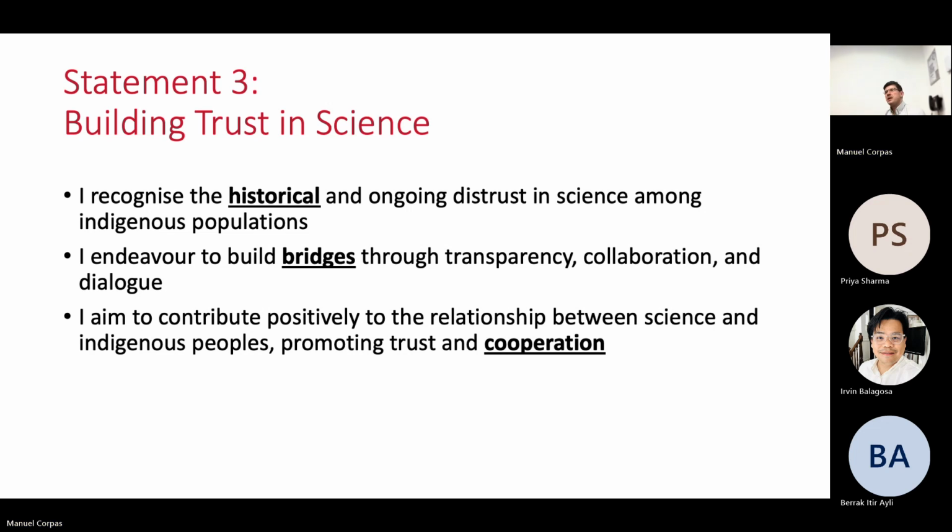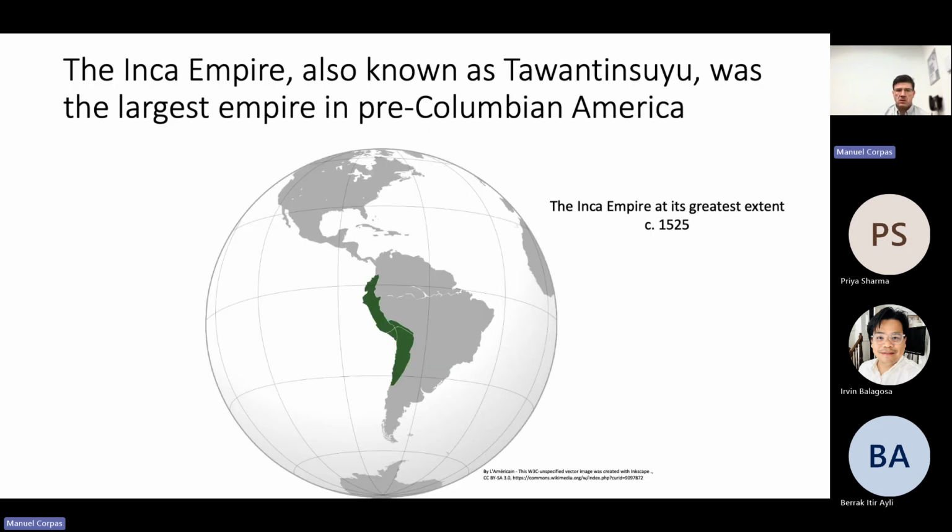Now, let's talk a little bit about historical context in Latin America, right? And that brings me to the years around 1,400 of our current era, okay? So you can see there the Inca Empire, also known as Tahuantinsuyo.